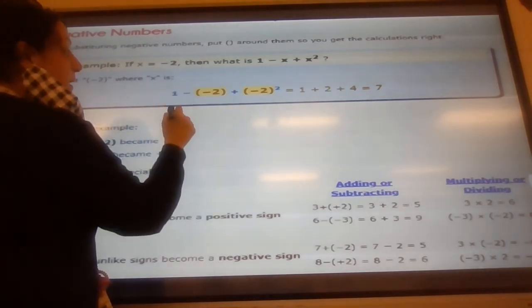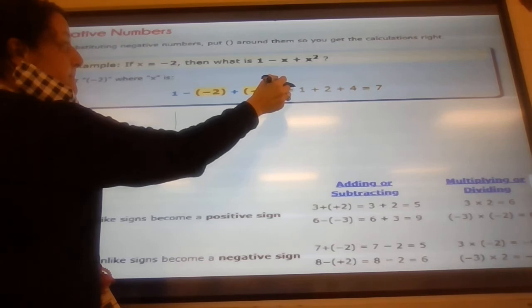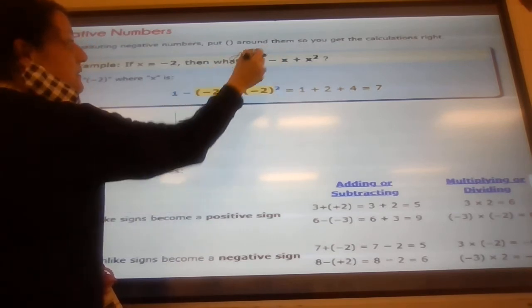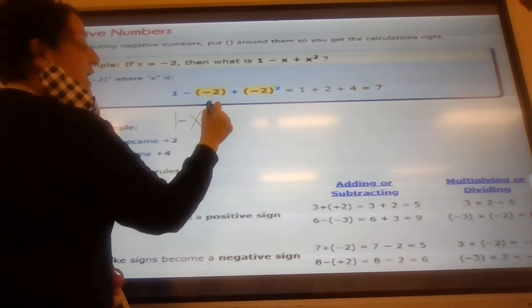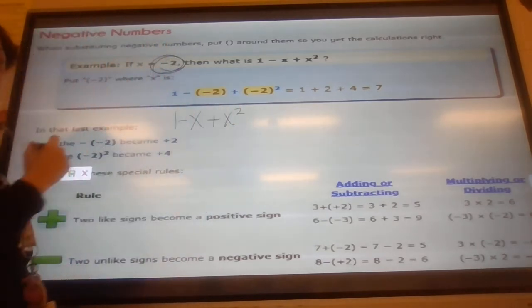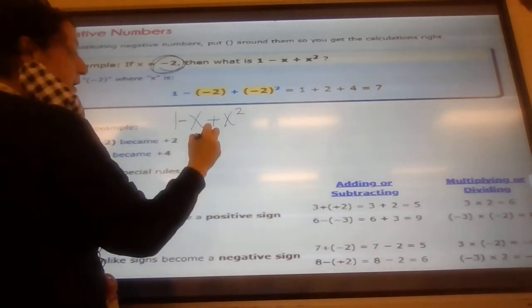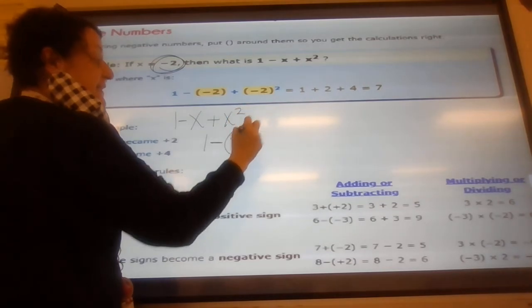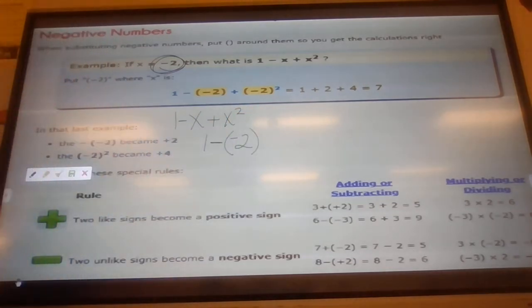So we've got 1 minus x plus x squared. And it told us that x is negative 2. So we have 1 minus, now look at this. That's a minus a negative 2. Okay? That's minus negative 2.